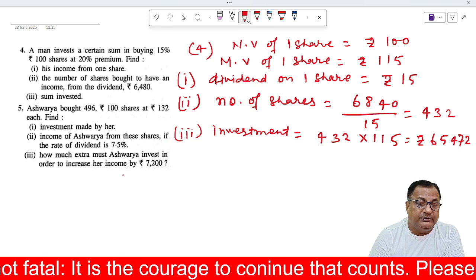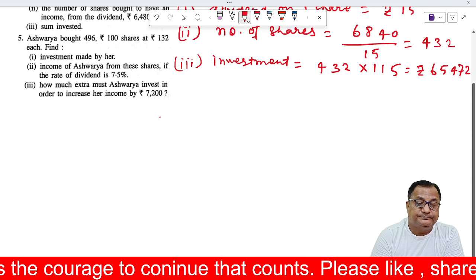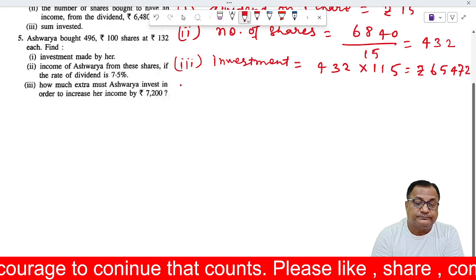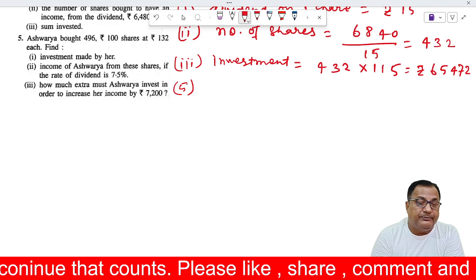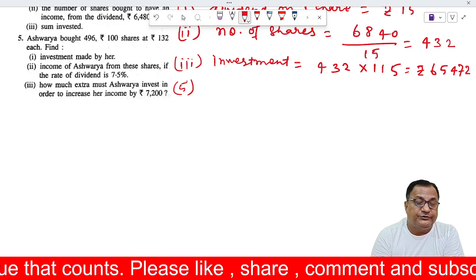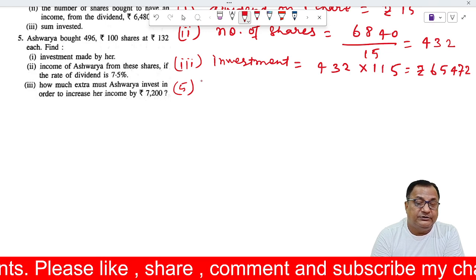Now see question number 5. Aishwarya bought 496 rupees 100 shares at 132.